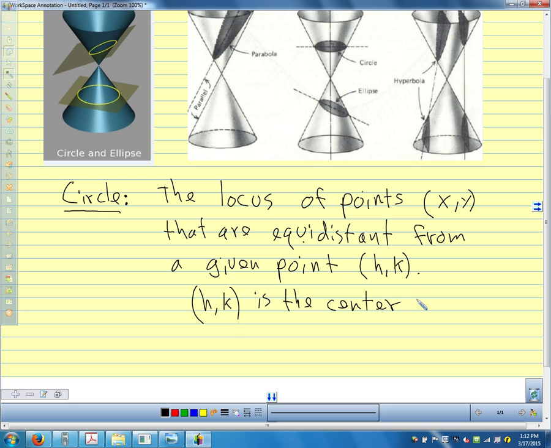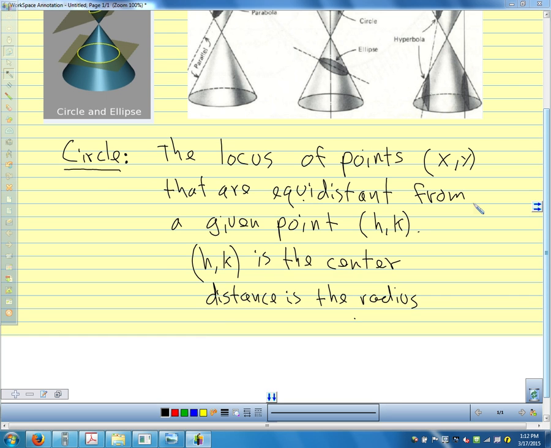The radius. And our equation for a circle comes from this idea that the points are the same distance from the center. So we might guess that what we're going to talk about has to do with the distance formula.